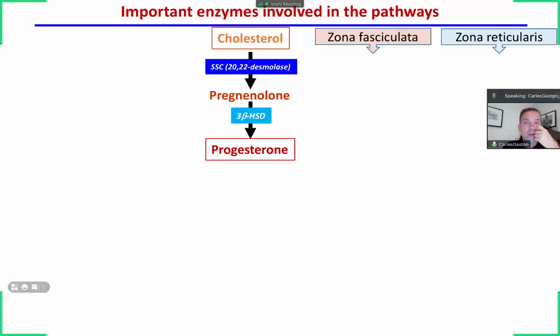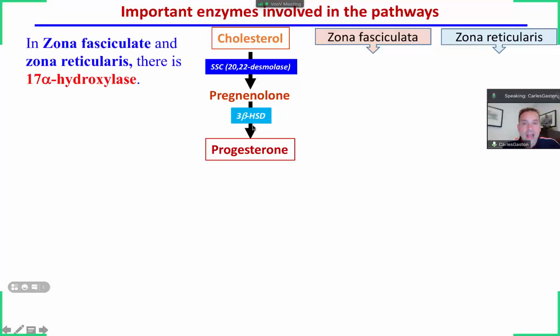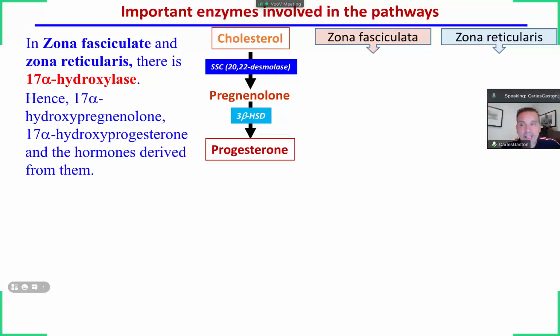In the zona fasciculata and zona reticularis, there is another type of enzyme called 17-alpha hydroxylase. Hence, 17-alpha hydroxylase acts on pregnenolone and 17-alpha hydroxyprogesterone and the hormones derived from them.